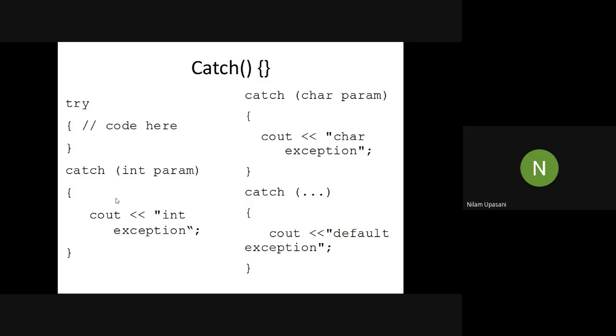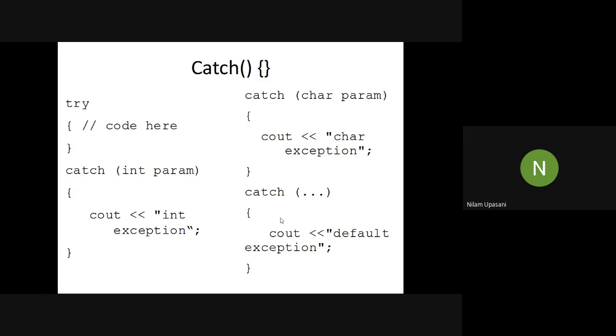It's not like multiple catch statements would be executed. Based on the throw, whatever type of exception you throw from try, if you throw an integer, then only this catch will be executed. If you throw a character, then only this one. And if you throw any type other than integer and character, then only default will be executed. So at one point in time, one catch statement would be executed.